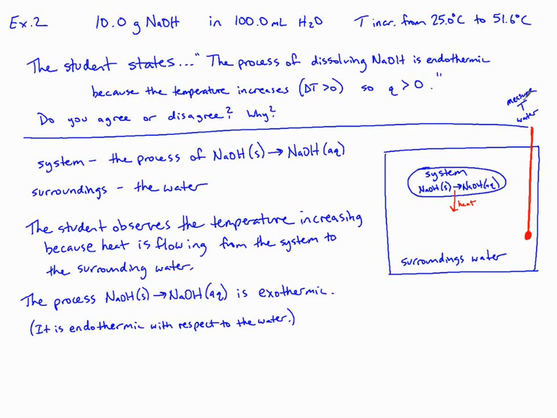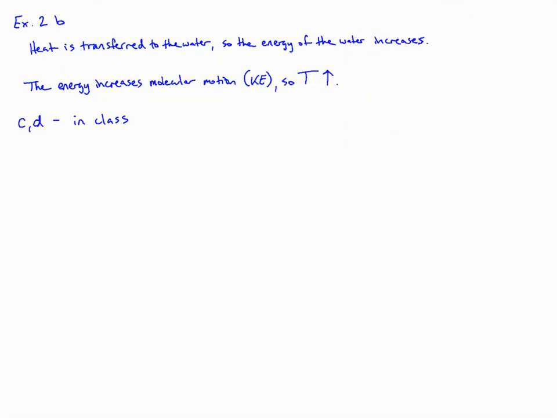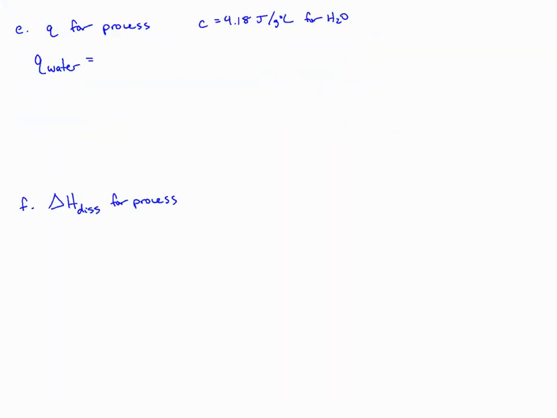Remember, my thermometer is measuring the water. And so we are going to have MC delta T. This is our formula. This is actually on the AP formula sheet, MC delta T.